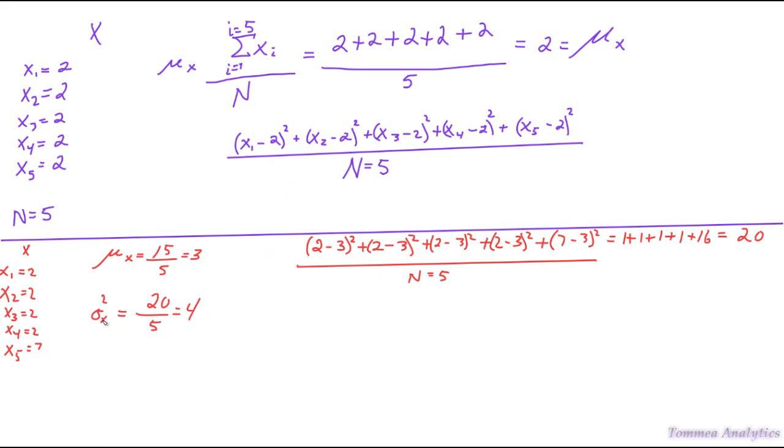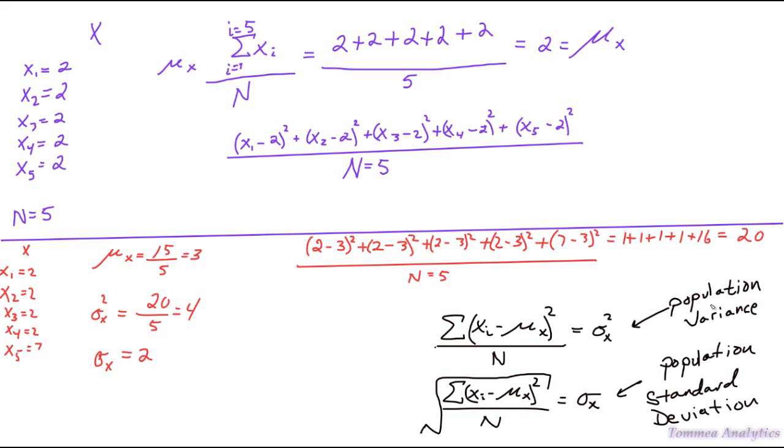If we want the standard deviation, what we do is we take the square root. So all we have to do is take the square root of what we found earlier, 20 over 5, which is equal to 4. So taking the square root of that, we get 2. And we use this symbol to denote the standard deviation.